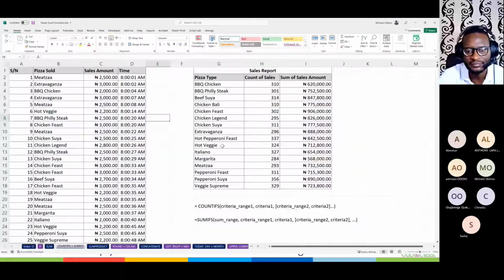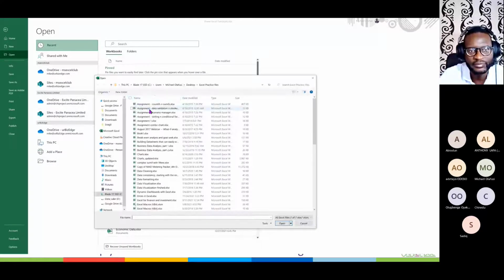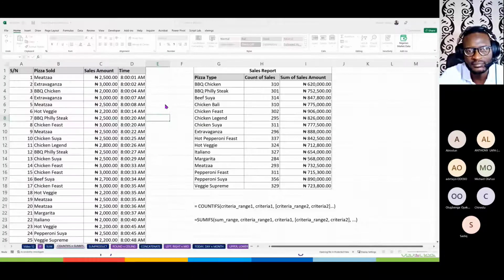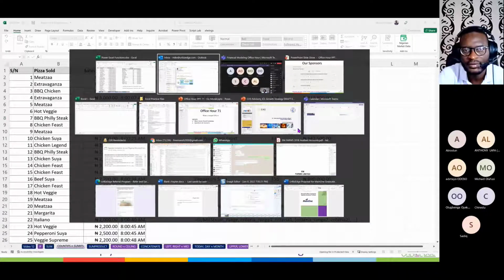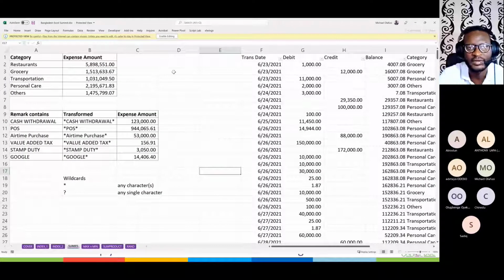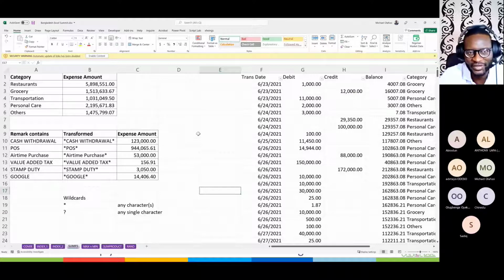Go and open it. Browse documents. Okay, that's opened.